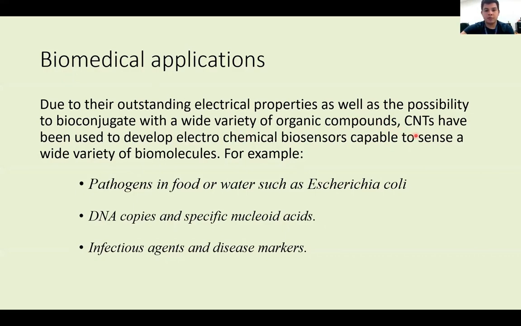For this reason, carbon nanotubes could be used to develop an electrochemical biosensor capable of sensing a wide variety of biomolecules, used to detect pathogens in food or water, detect DNA copies or unspecific nucleic acid, or detect infectious agents such as disease markers that detect certain kinds of disease.